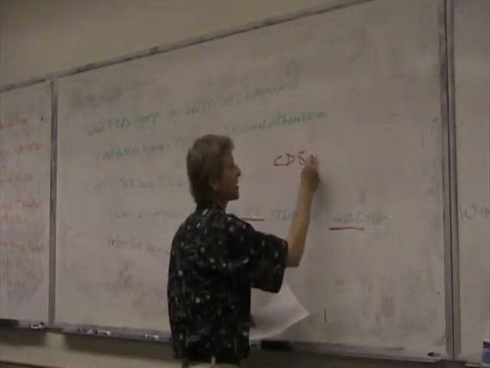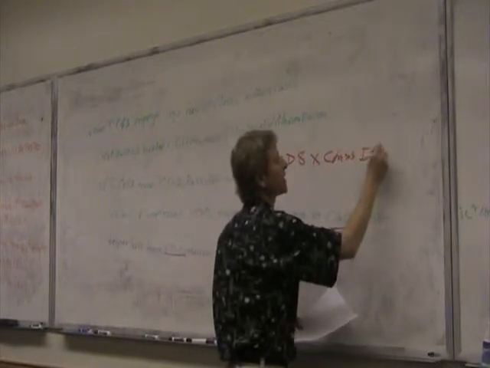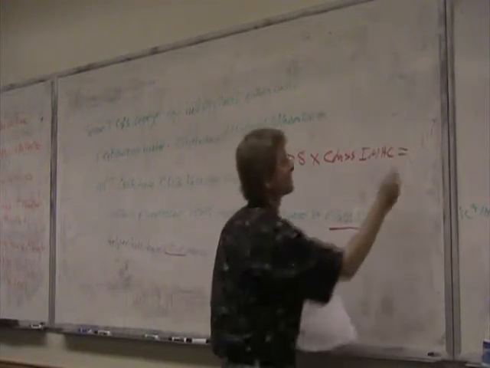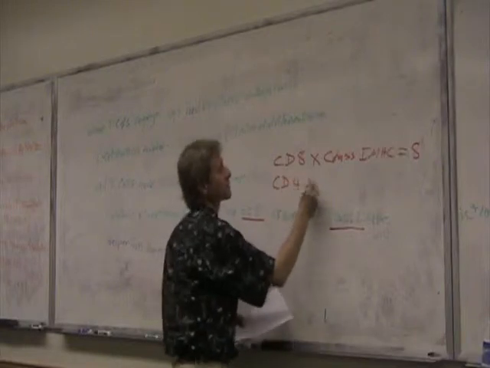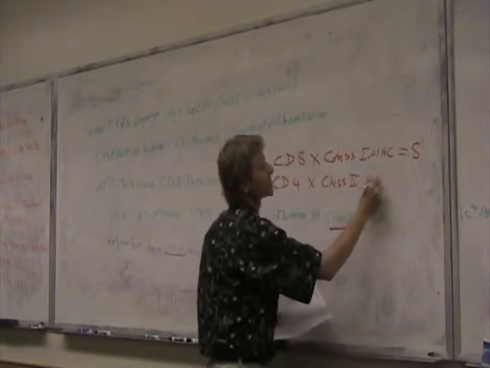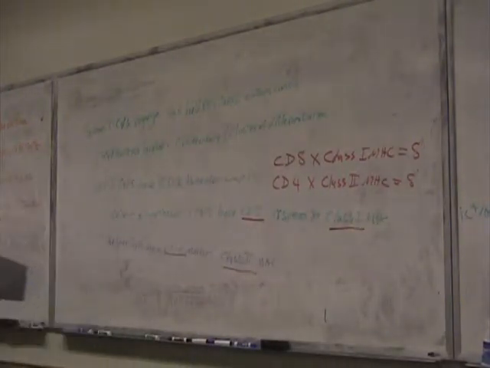CD8 times class 1 MHC equals what? 8. Good. Okay, CD4 times class 2 MHC equals 8. So if you do the math and you get 8, you've got it right.